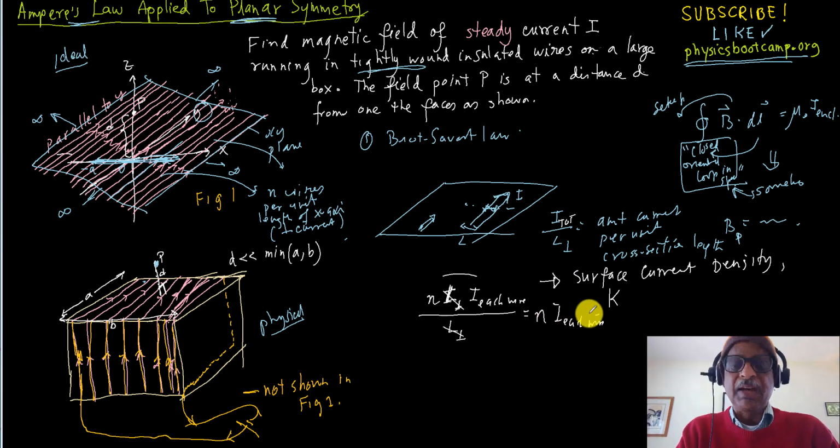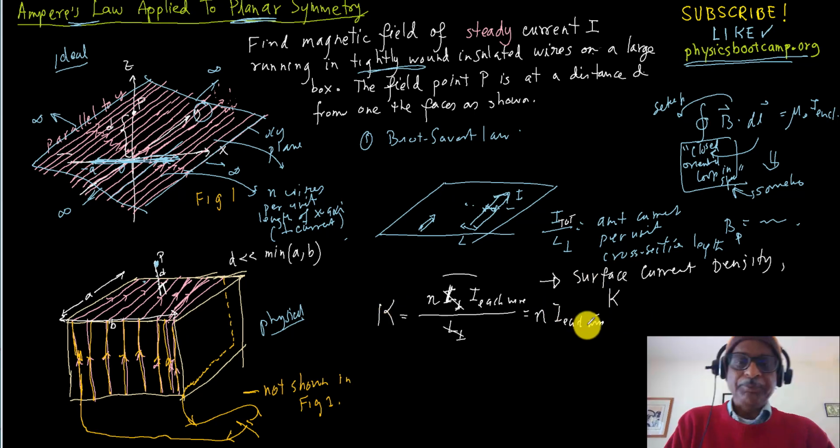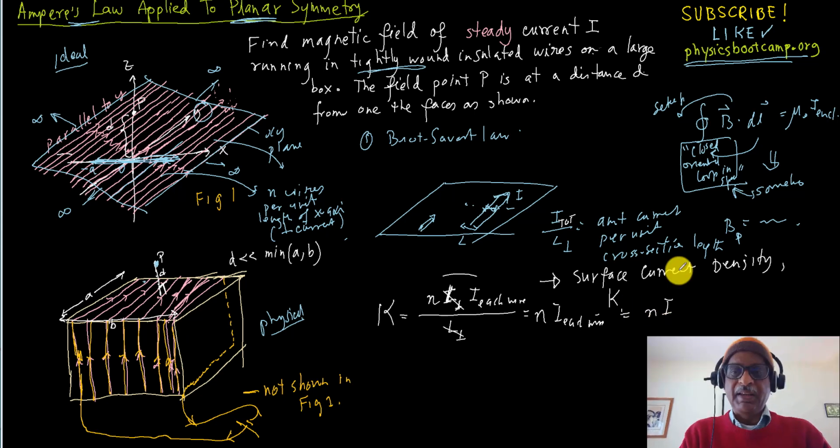So this is equal to K, which is just nI. Let me erase this and get the next argument.